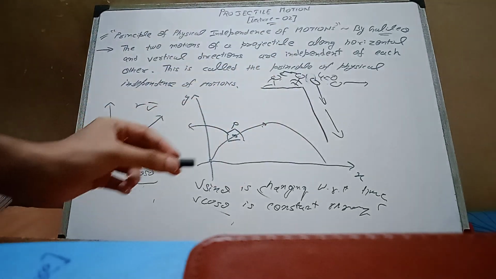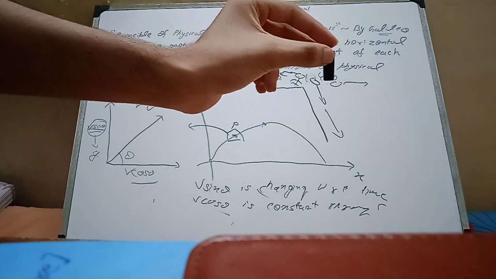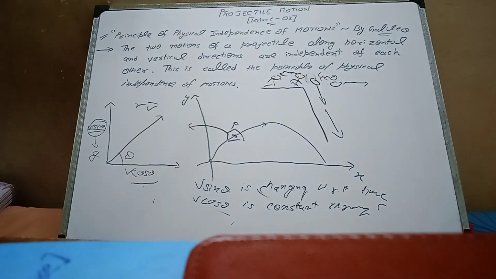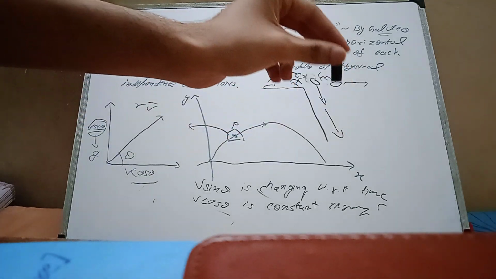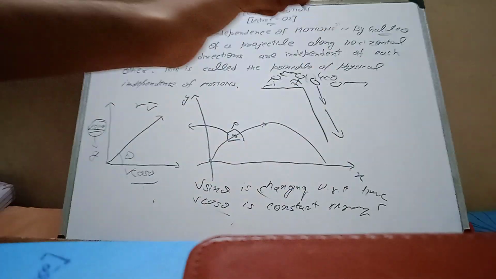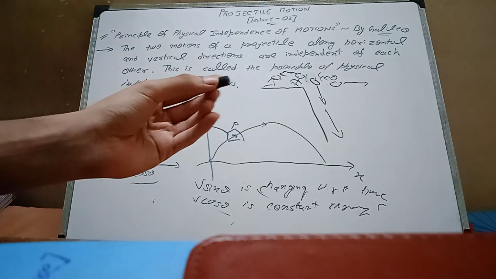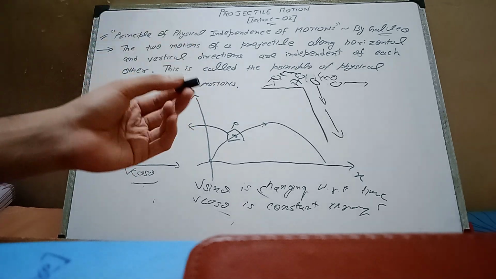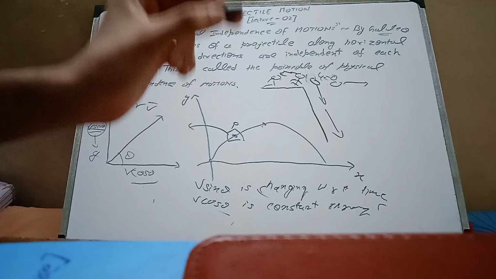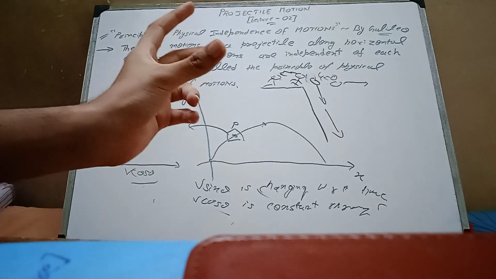One guy, what does he do? He just drops the ball or object or stone. So he just drops the object, and another guy throws the object by applying only horizontal velocity, only horizontal, not vertical, like this.